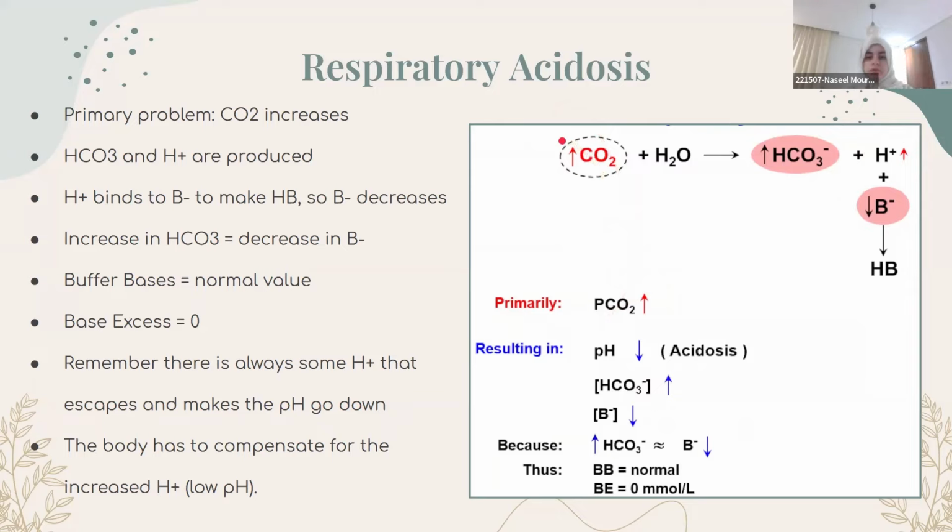So now that we know this, what do you expect to be the compensation in this case? How can we balance this? We produce base to compensate. Excellent. So what do you want to do? You want to increase the bicarbonate. Now, I know we said that the bicarbonate increases because you're producing it from CO2, but it doesn't increase enough to compensate.